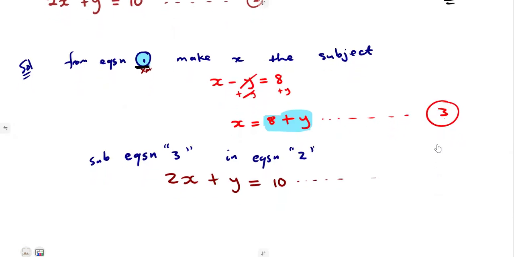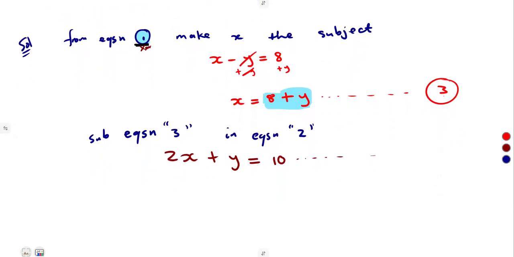So we are going to substitute our x here, represented by what? 8 plus y. It's an expression, so open brackets, remember? Even with a term, just open a bracket so that you are safe.